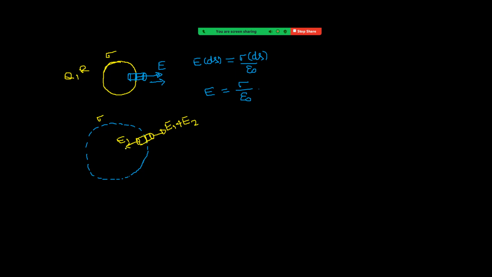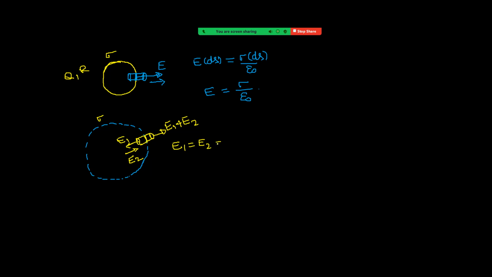Since the net value is 0 inside, because of the remaining part the field must be of the same magnitude but the direction must be opposite. So it should be like this, it is E2. That means just inside, both are equal and opposite. Just outside, both are equal and the directions are the same.